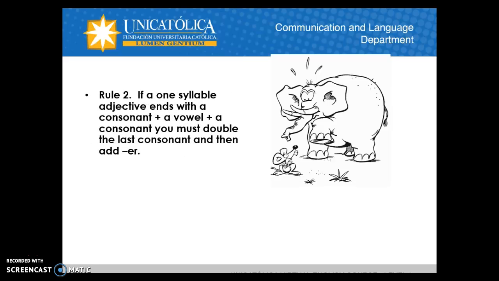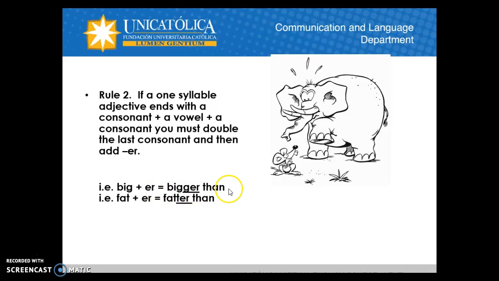Rule number 2, if a one-syllable adjective ends with a consonant plus a vowel plus a consonant, you must double the last consonant and then add ER. So, for example, the adjective is big or fat. You double the last consonant, G, and then ER.